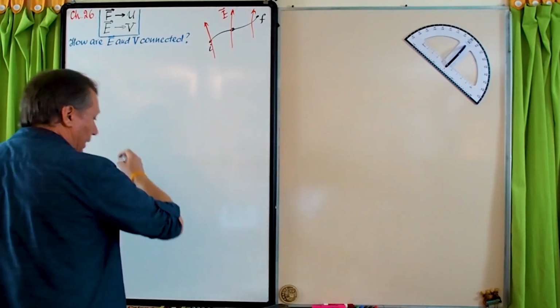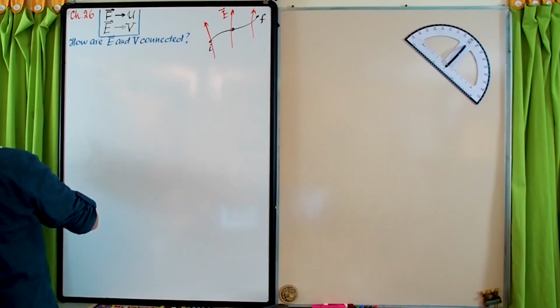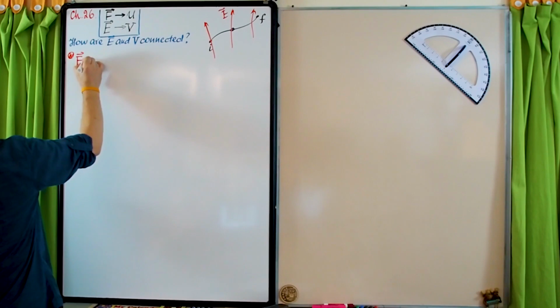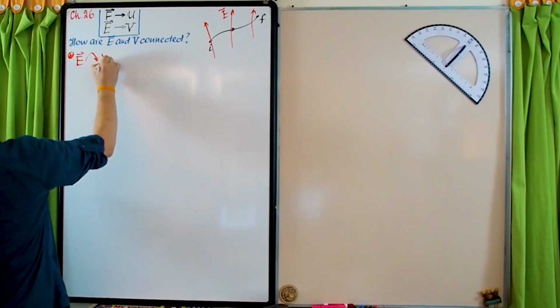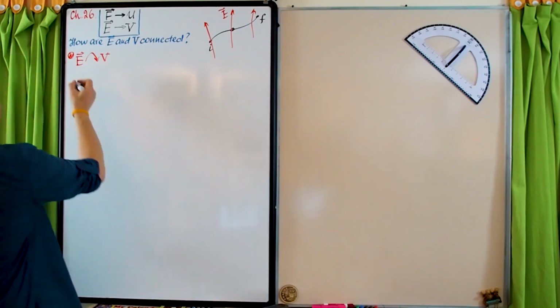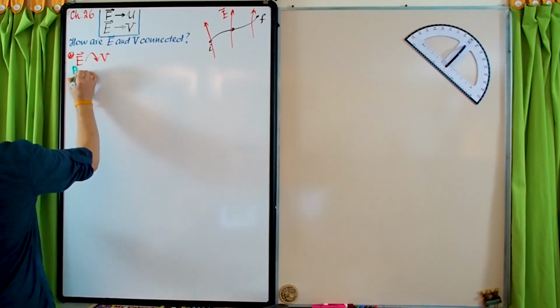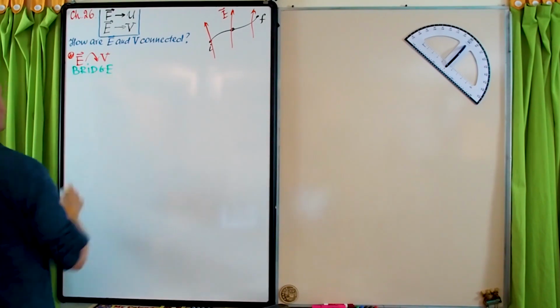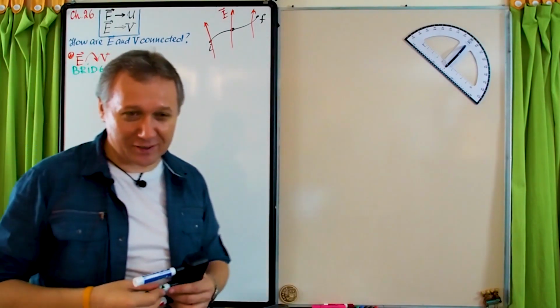So first of all, I need to say that this is, okay, let me show the bridge. This is a transition from the electric field to the electric potential, right? Very often I call it just a bridge, right? Bridge from the electric field to the electric potential.